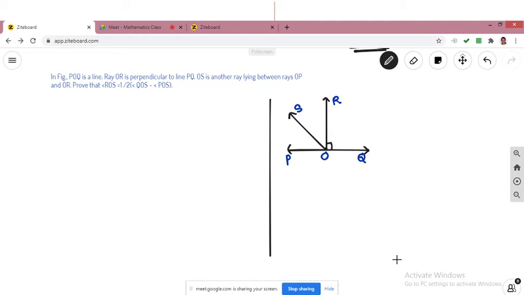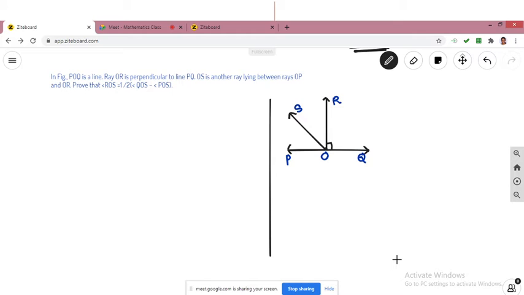Okay. So we are given that POQ is a line and ray OR is perpendicular to the line. So what do you mean by perpendicular to the line? They intersect at right angles, ma'am. Yeah, they intersect at right angles.